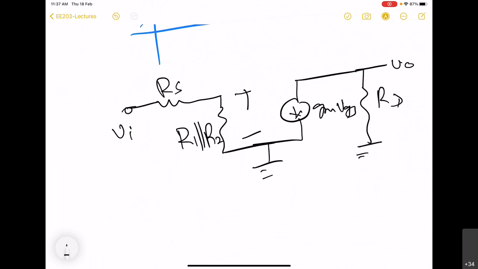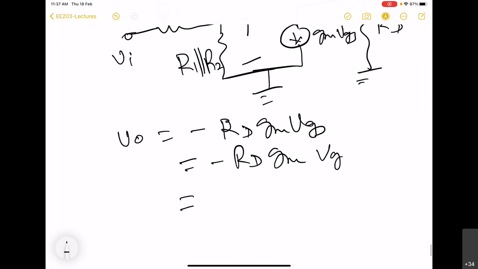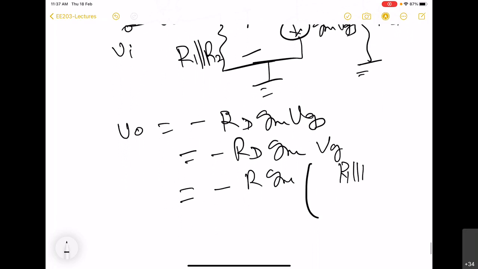Now you can see that it is easy to find out VO, which is minus RD GM VGS, which is minus RD GM VG, and VG is equal to the voltage across parallel resistor R1 and R2. So this is RD GM, and the voltage across parallel resistor R1 and R2 is going to be R1 parallel R2 divided by R1 parallel R2 plus RS into VI, right?